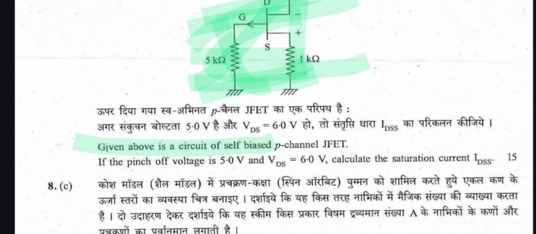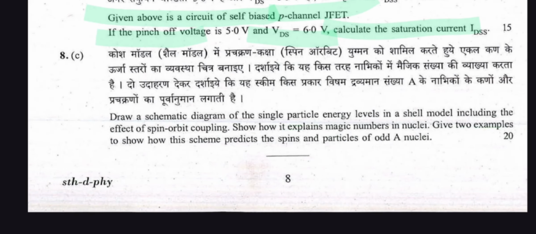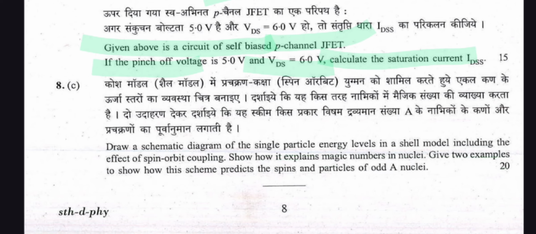Given above is a circuit of a self-biased P channel JFET. If the pinch-off voltage is 5.0 volt and VDS is equal to 6.0 V, calculate the saturation current IDSS. Question number 8c.